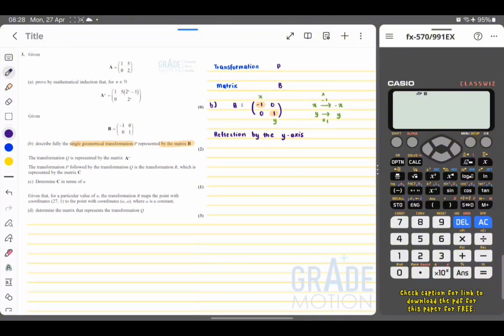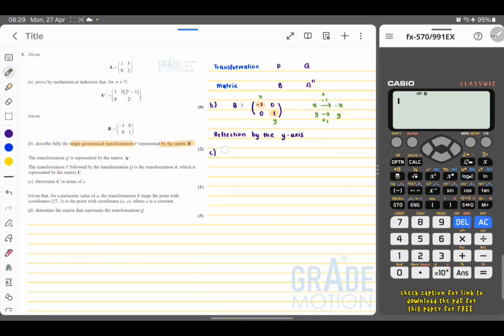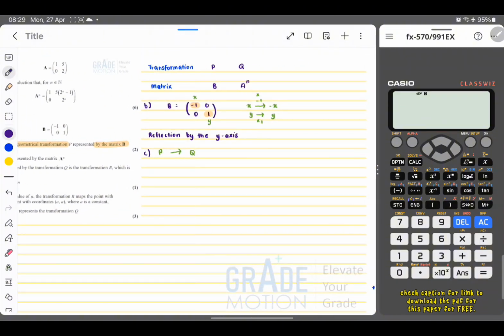Now, transformation Q is represented by the matrix A to the power of N. Okay. For question C, transformation P is followed by transformation Q. This is what we call transformation R. So we have the next transformation R. And what is R?